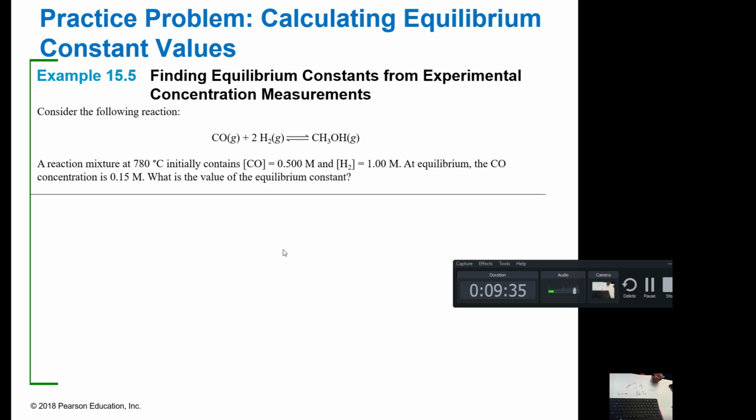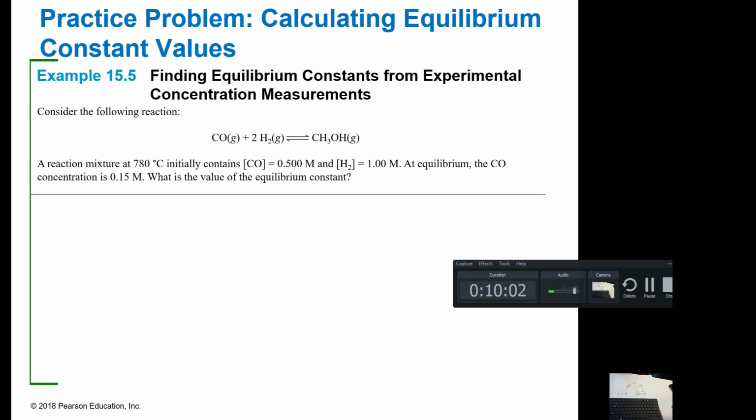So, I have a question. So far we learned these things. My question is, consider the following reaction: carbon monoxide combining with hydrogen to form CH3OH, which is methanol. A reaction mixture at 780 degrees initially contained carbon monoxide 5 molar and hydrogen 1 molar. At equilibrium, the carbon monoxide concentration is 0.15. What is the value of the equilibrium constant?